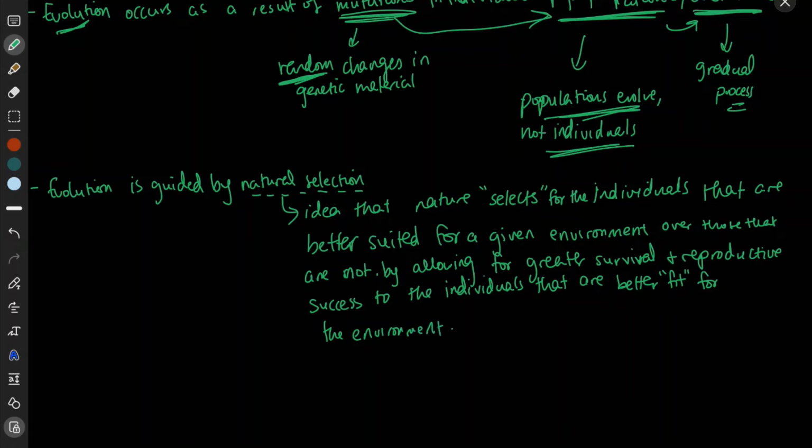So that's what natural selection is. It's just that nature will select for the individuals that are better suited for an environment over those that are not, simply by allowing them to have greater survival and reproductive success, right?